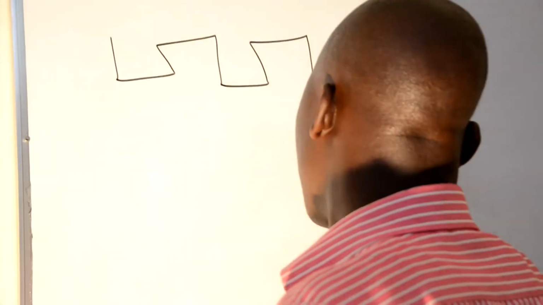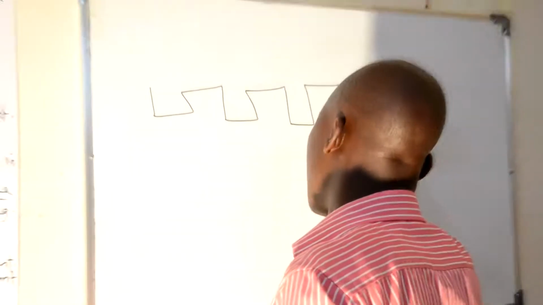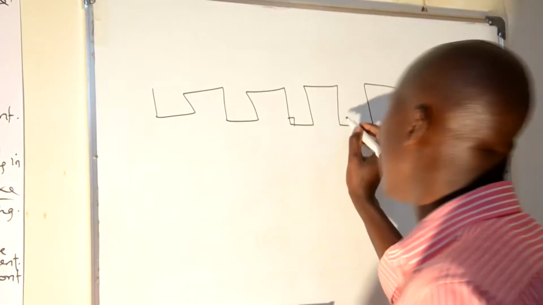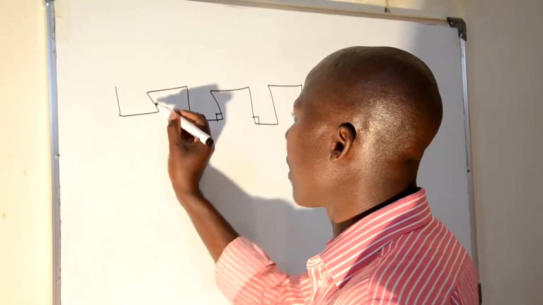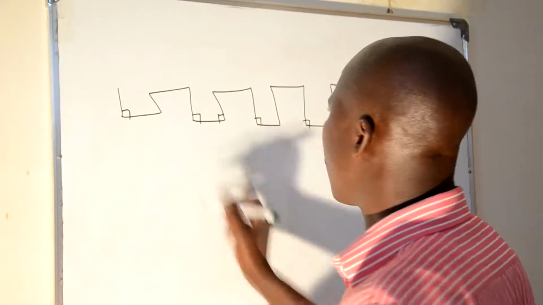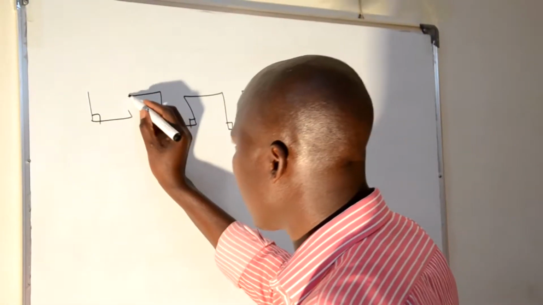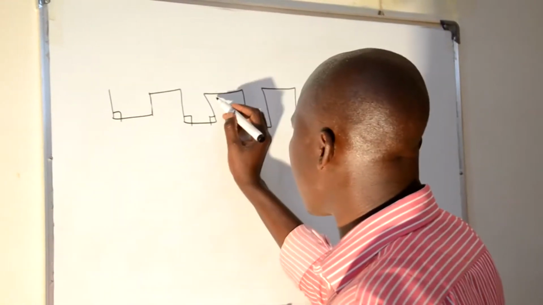Right angle. Do you see this structure? Because this is 90 degrees, at the right angle. Kwa hiyo, for instance, this one, this is the right angle.